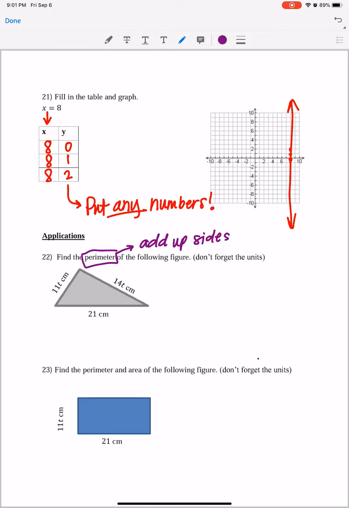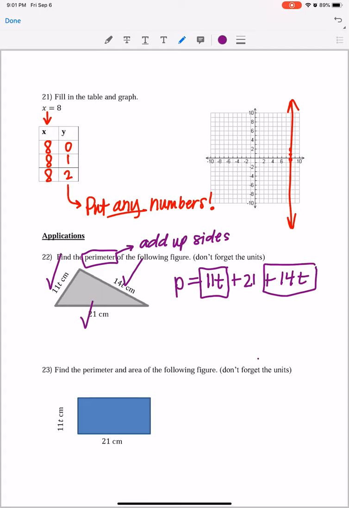So you can do this directly from your triangle, but if you want to write it out, your perimeter is 11t plus 21 plus 14t. So you've got a like term here, 11t, and a positive 14t. Why? Because they both have a T at the very end. This one does not. So add them up.